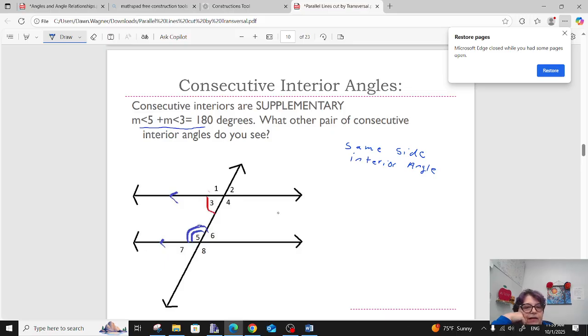What other pair of angles would be considered consecutive interiors or same side? Angle 4 plus angle 6 would equal 180. And technically I should have a little m in front of there for a measure of.